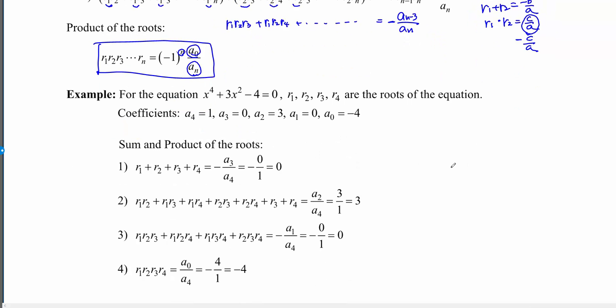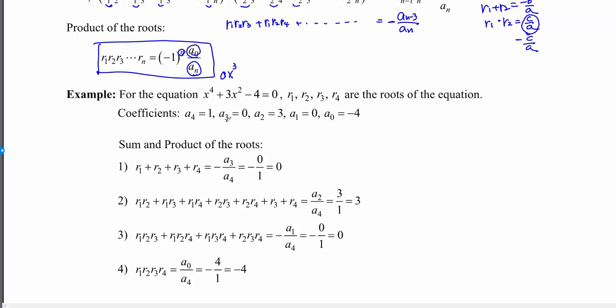Okay, now we have the four roots. Especially over here, be careful, okay? The coefficient of x cubed is 0, isn't it? Sum of the roots is what? Negative.